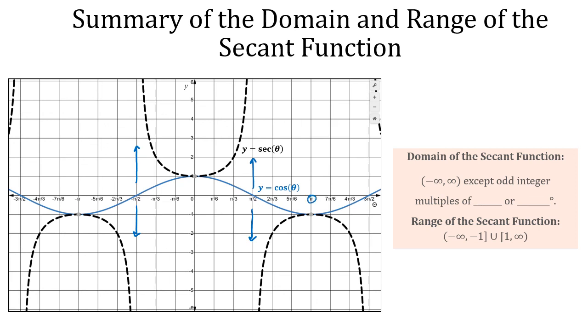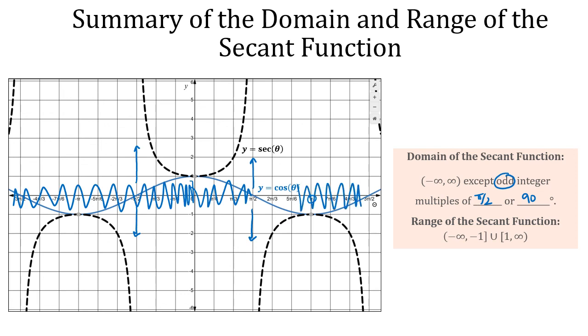So that's why this definition is all real numbers except for odd integer multiples of pi over 2 or 90 degrees. The range of the secant function is similar to that of the cosecant function that we just saw, in that it is all real numbers except for this band between -1 and +1, where there is no range of the secant function.